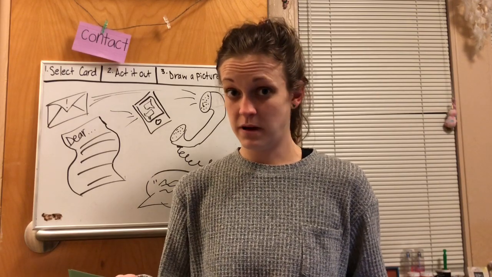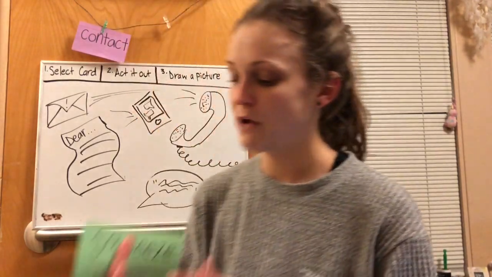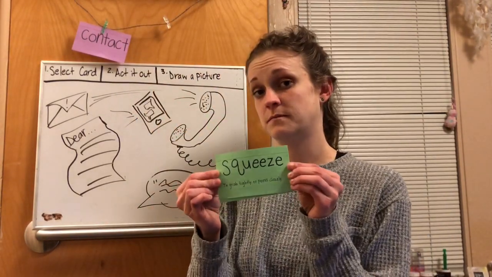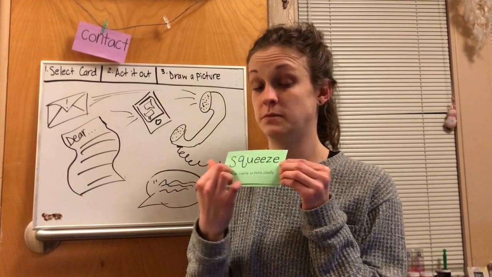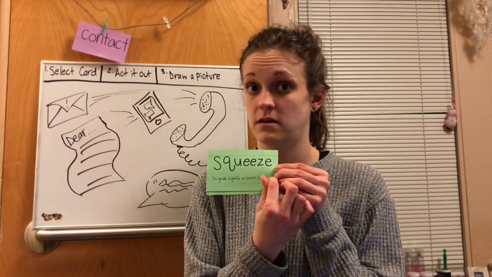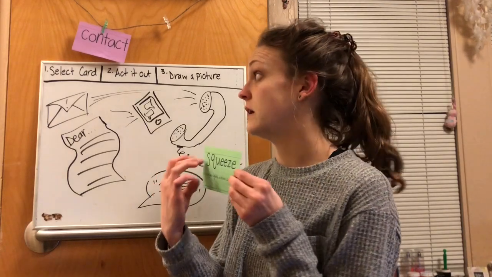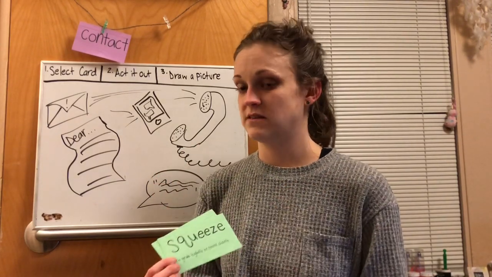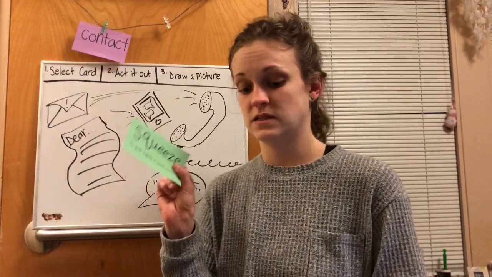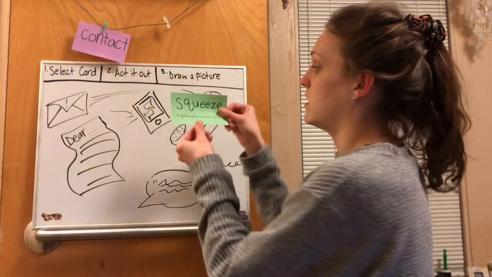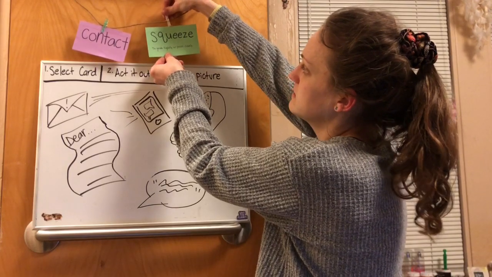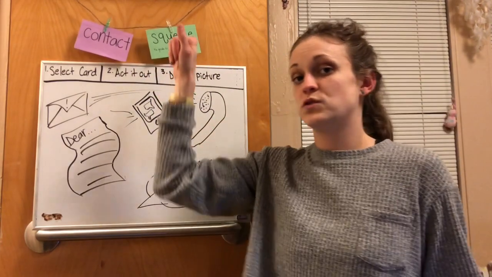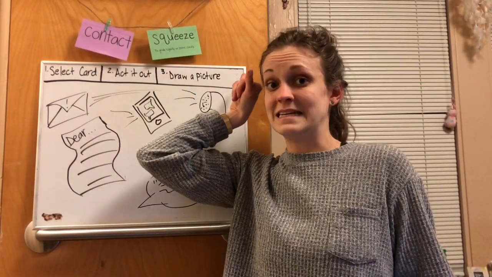In the easy pile, I recommend providing a definition below the word, which should be very clearly printed in large letters for the students to be able to easily read. For instance, this one, if they were to pull this card and have squeeze, first they need to be able to read the word squeeze.